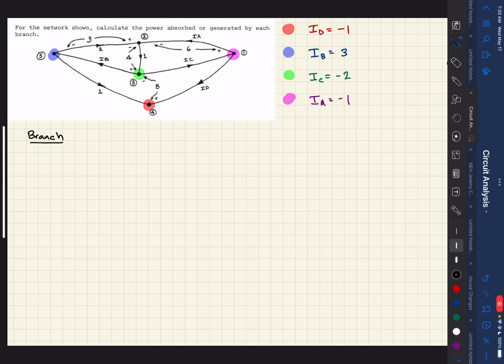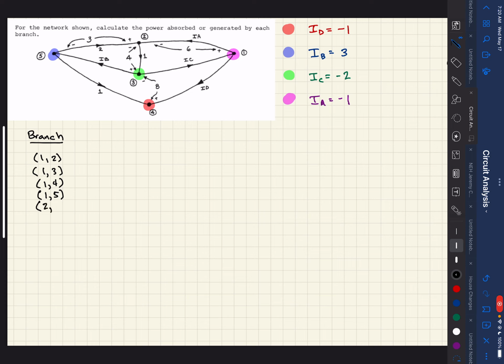It doesn't make any sense to look at relationships between 1 and 1, so we'll go between 1 and 2, 1 and 3, 1 and 4, and 1 and 5. So there's 5 total nodes. So now we want to look at, in relation to 2, it doesn't make any sense to go between 2 and itself.